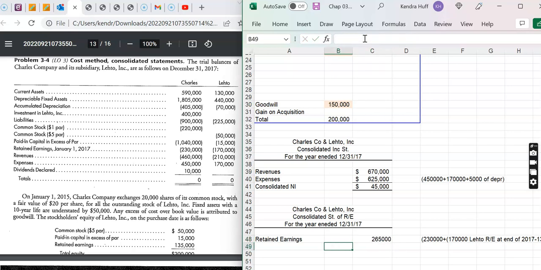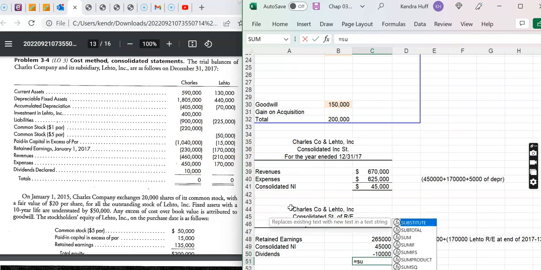Okay. Add consolidated net income, which is 45,000. I'm not going to subtotal. I'm just going to subtract out the dividends. All right, these dividends were paid by Charles, the parent, so they went to outside parties.